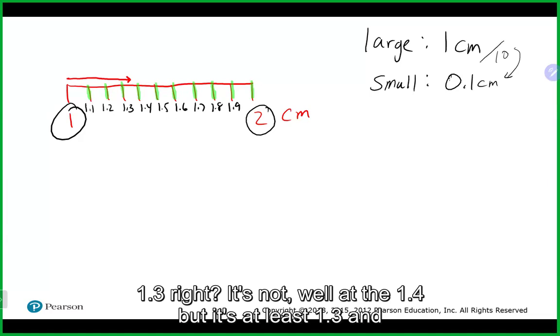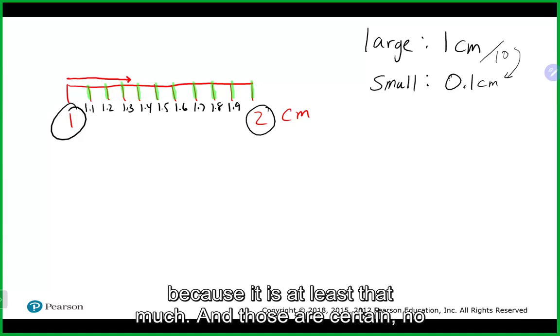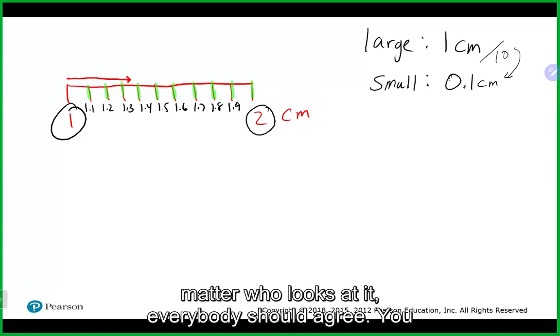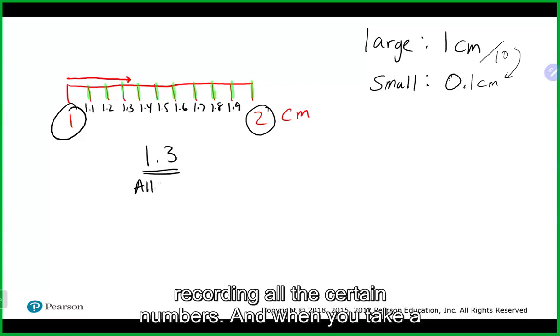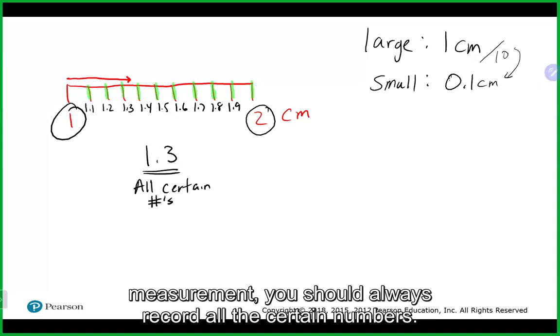It's not out to 1.4, but it's at least 1.3. And because it is at least that much, and those are certain no matter who looks at it, everybody should agree, you should record those. And that is what is sometimes referred to as recording all the certain numbers. And when you take a measurement, you should always record all the certain numbers.